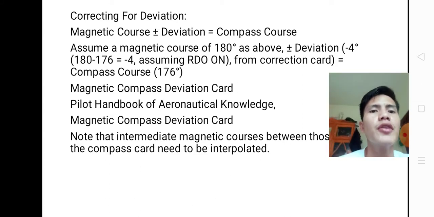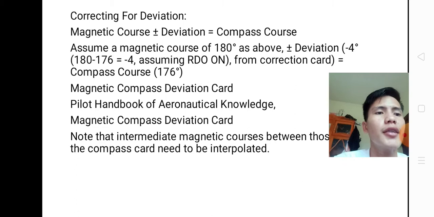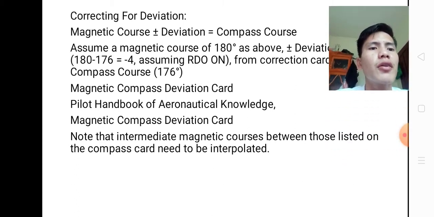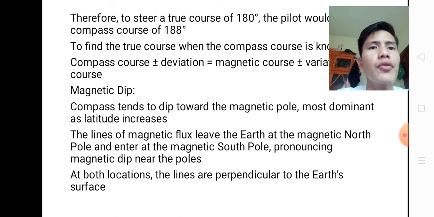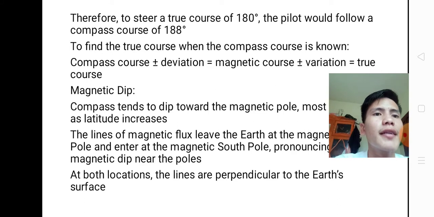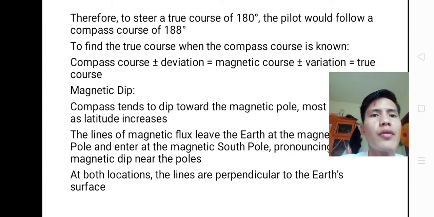Magnetic compass deviation card, from the Pilot's Handbook of Aeronautical Knowledge. Note that intermediate magnetic courses between those listed on the compass card need to be interpolated. Therefore, to steer a true course of 180 degrees, the pilot would follow a compass course of 188 degrees.